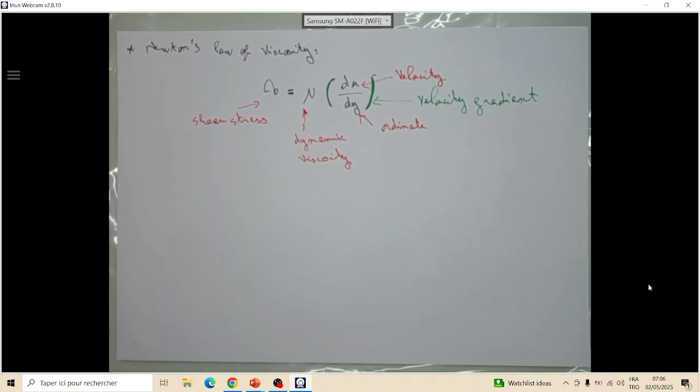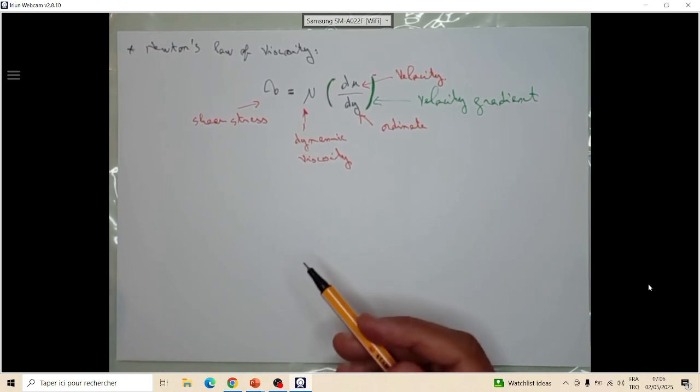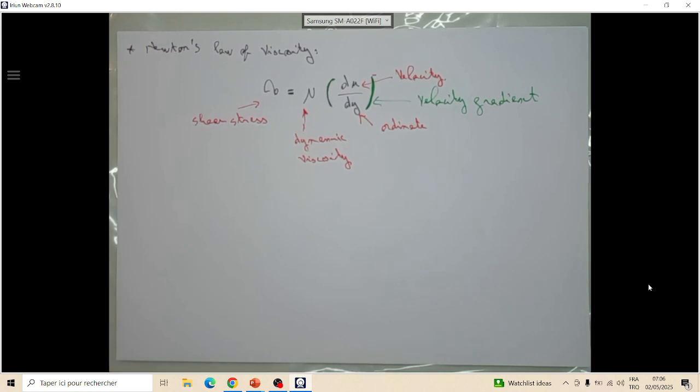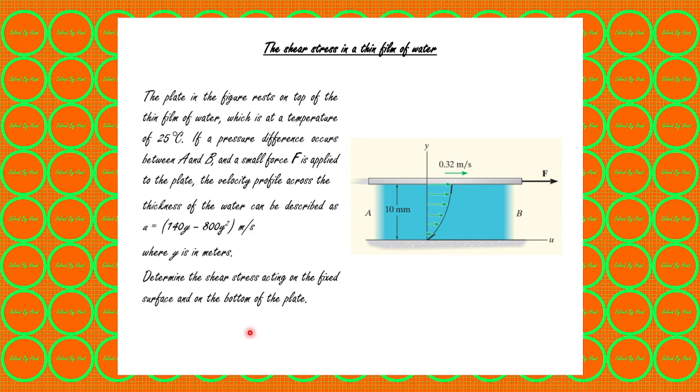So before solving, this is what we have. Let's go back again to our problem. The problem says determine the shear stress acting on the fixed surface and on the bottom of the plate.